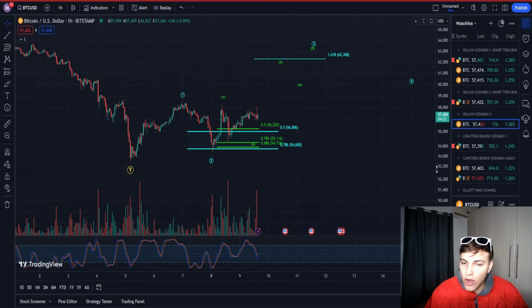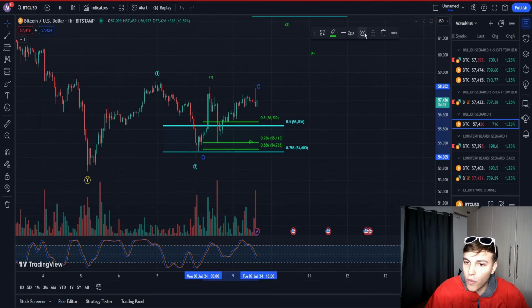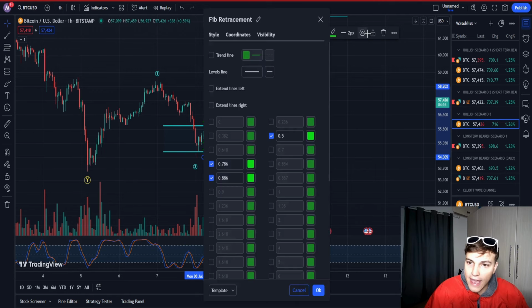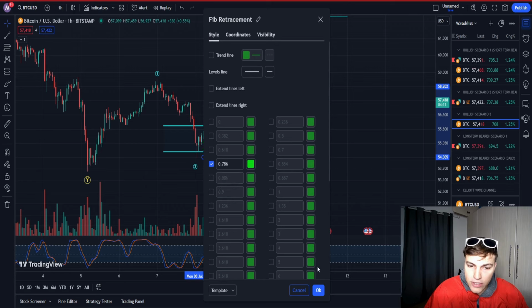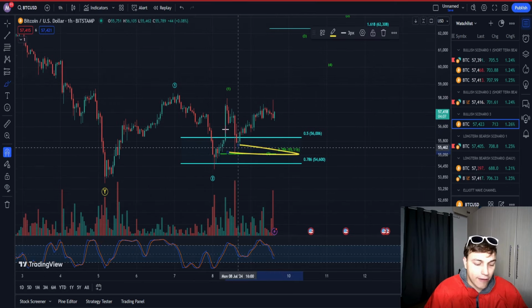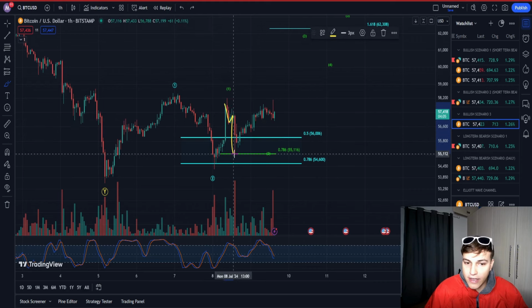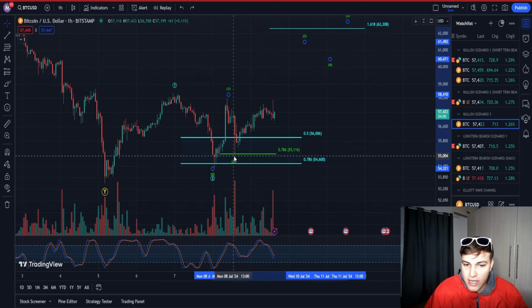So in this 1, 2, 3 scenario, we can see that the 0.78 was indeed respected. If I go and show you here, the 0.78 was indeed respected, and we do have an ABC in that move. So this wave 2 can be reset back down to here.